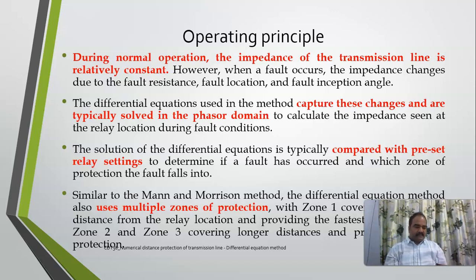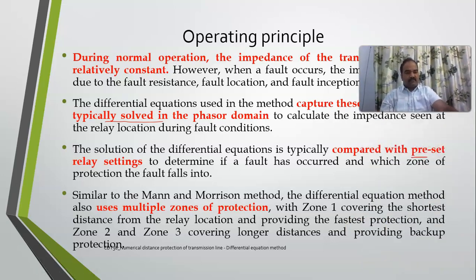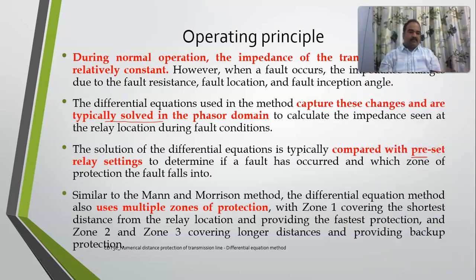So these changes in the impedance will be recorded, and the differential equations used here will typically be solved in the phasor domain. Based upon that, impedance is determined and then compared with the preset value, very similar to the Mann and Morrison method. Here also, once the impedance is determined and compared, we will be using 3 zones of protection.